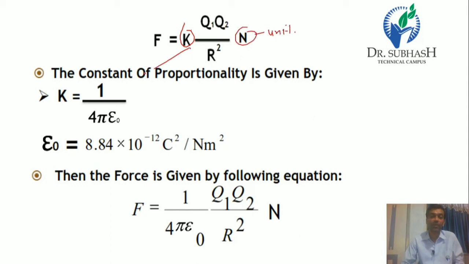The value of K is 1 upon 4 pi epsilon 0, and the value of epsilon 0 is 8.85 times 10 raised to minus 12 coulomb squared per newton meter squared. So the force in general form is F equals Q1 Q2 upon 4 pi epsilon 0 r squared newtons.